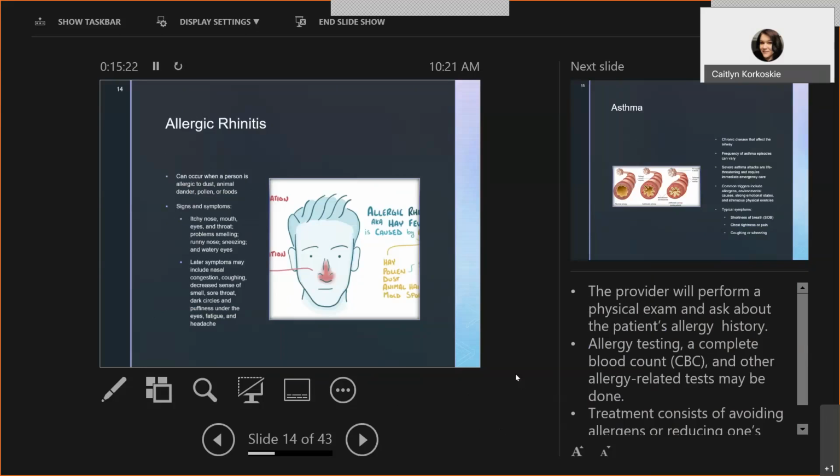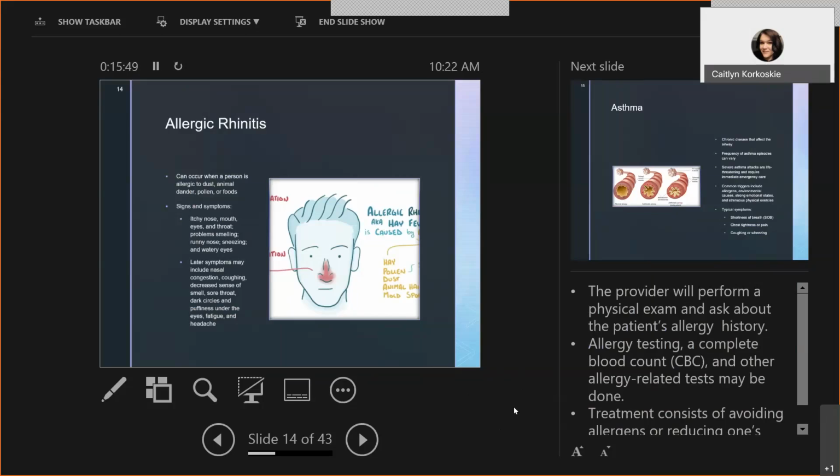But we'll go over a couple of disorders or conditions of the pulmonary system. Allergic rhinitis is what happens usually when someone reacts to dust, animals, pollen, dander, certain things like that. Usually this happens in the summertime because most people have that allergy to pollen.